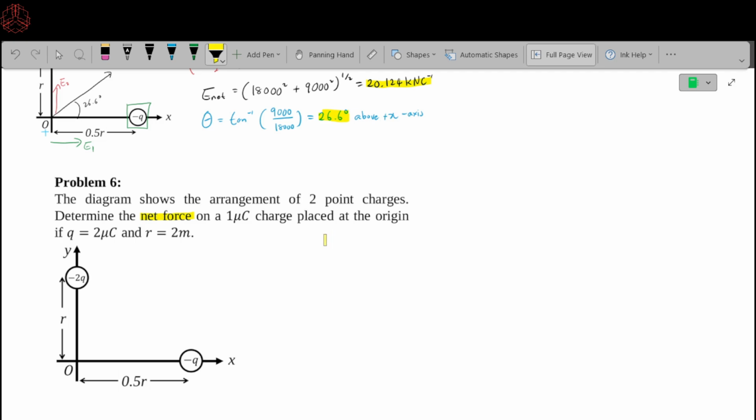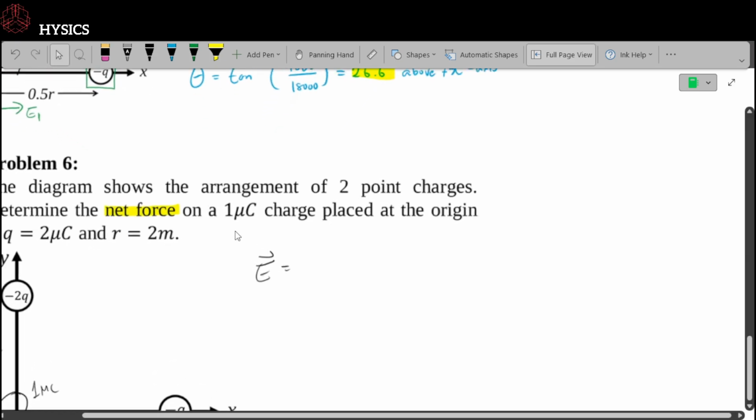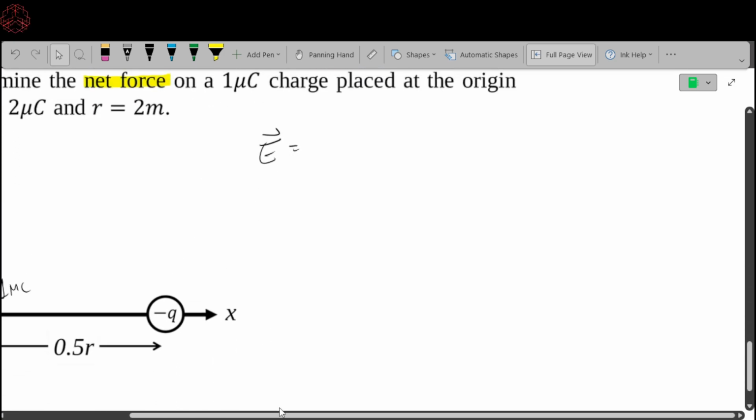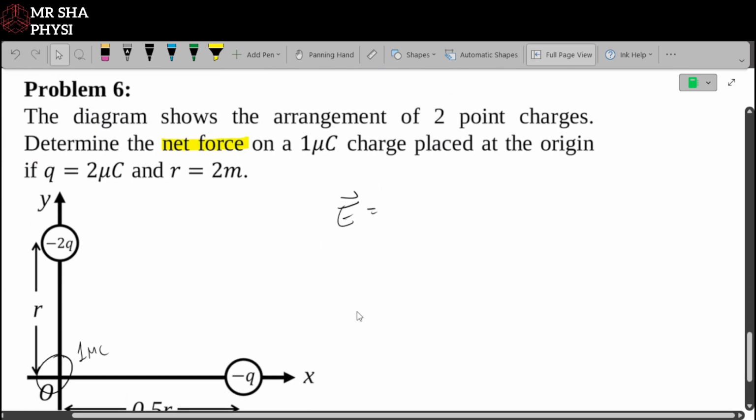In fact, now all I need to do is really just imagine I have a charge here of 1 microcoulomb. So if I were to find the force, I know that my E is going to be equal to, let me just zoom in. There we go.